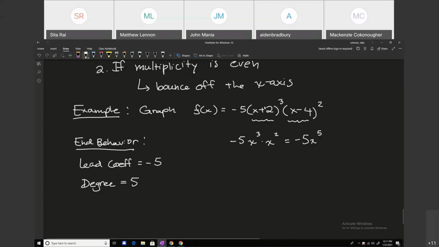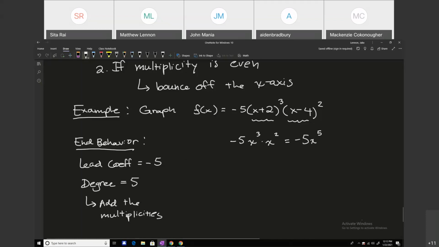The biggest thing you get when you expand x plus 2 cubed is an x cubed term, and the biggest thing you get when you expand x minus 4 squared is an x squared term. When you multiply them, the biggest degree would be x to the third times x squared, and you add those two exponents. So if you add together the multiplicities, you will get the degree of the polynomial. So basically add the multiplicities.